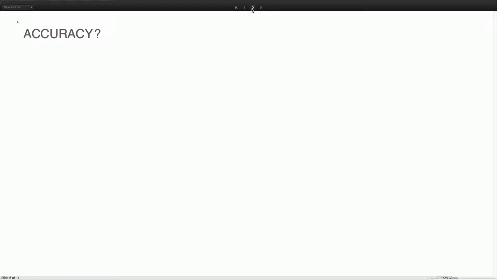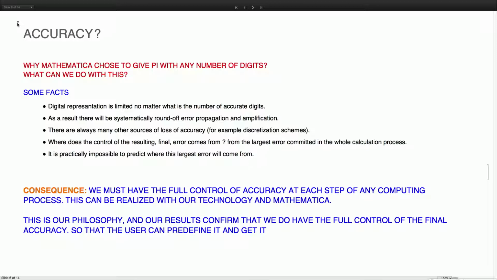With that being said, I'm talking about accuracy, but accuracy is a really slippery word. It's hard to describe what you mean by accuracy. So I'm just going to give some facts about accuracy. Whatever you do as a digital representation or number of accurate digits, it is always limited, no matter what. It is not symbolic, so it is always going to be limited. And there will always be round-off error propagation and amplification.